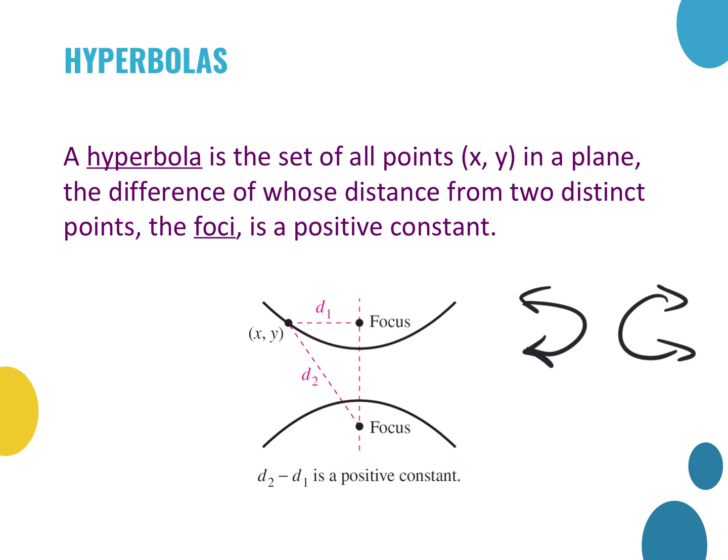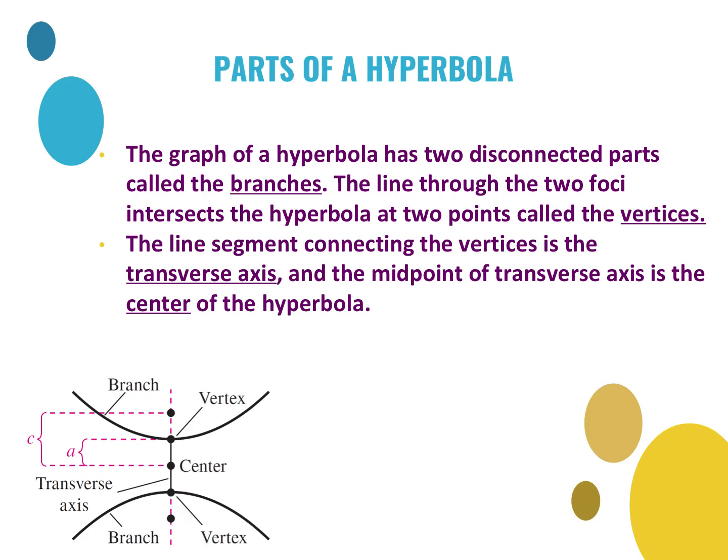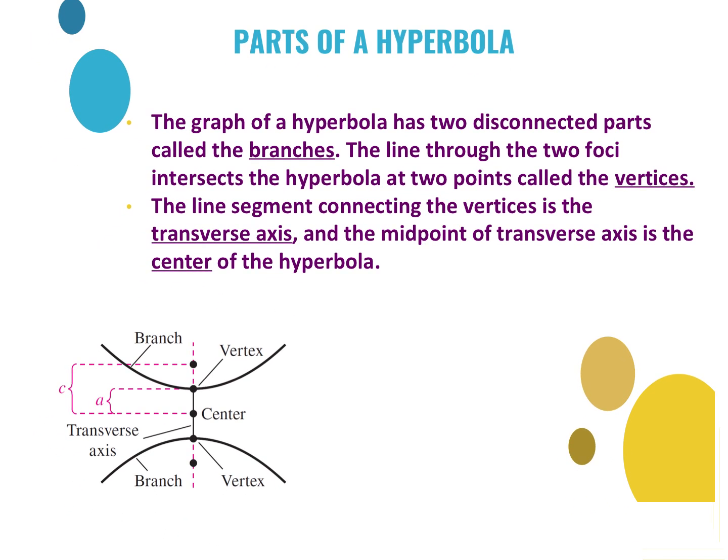So let's go ahead and look at the parts of the hyperbola. The graph of the hyperbola has two disconnected parts, which are called the branches. So over here, this is a branch, and this is a branch. The line through the two foci is going to intersect the hyperbola at 2 points called the vertices.